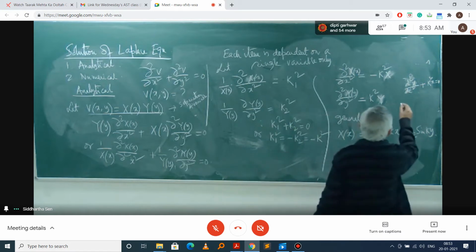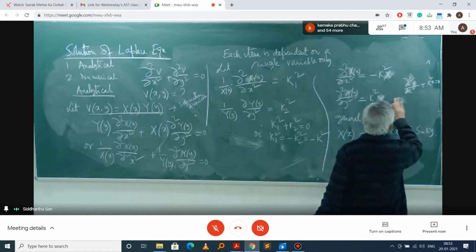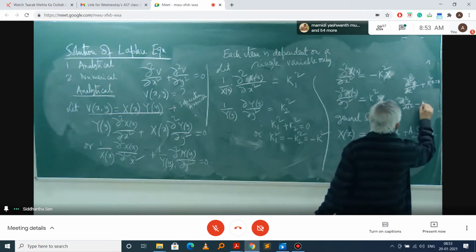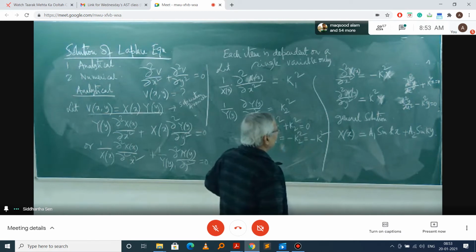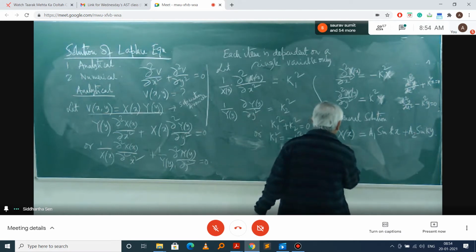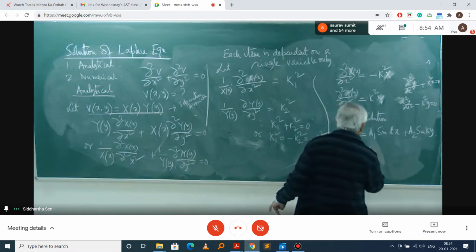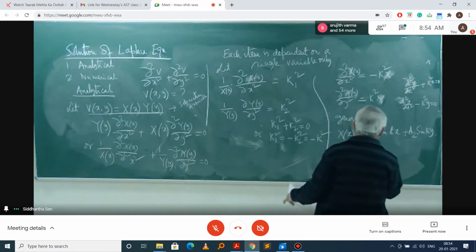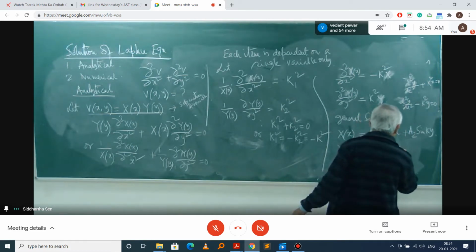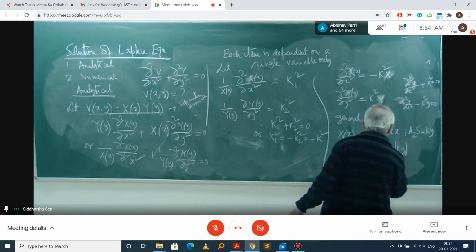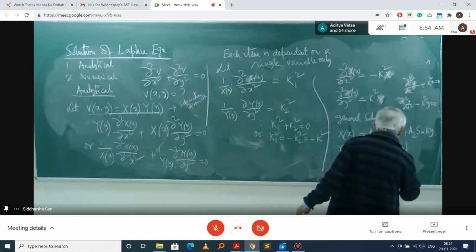And in this case, it is equivalent to d2Y by dy square minus K square Y equal to 0. What will be the solution? The solution would be a3 sine hyperbolic of mod of K into y plus a4 cosine hyperbolic of mod of K into y.